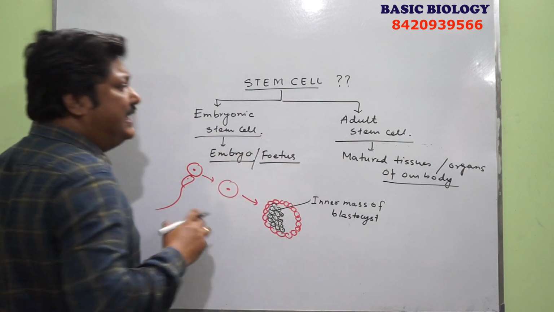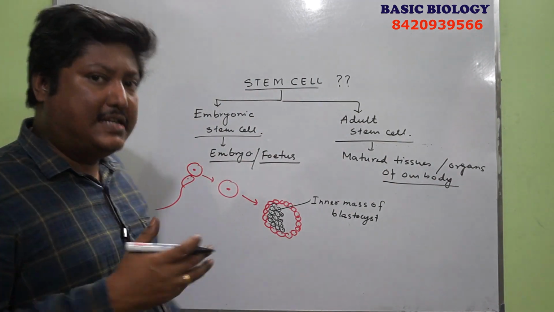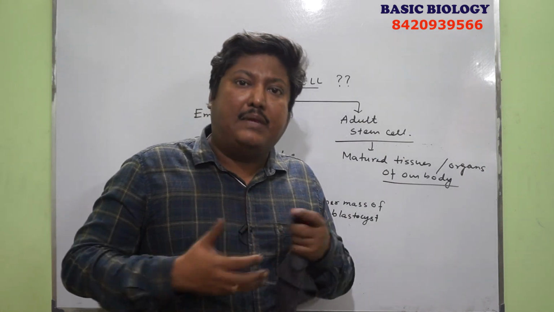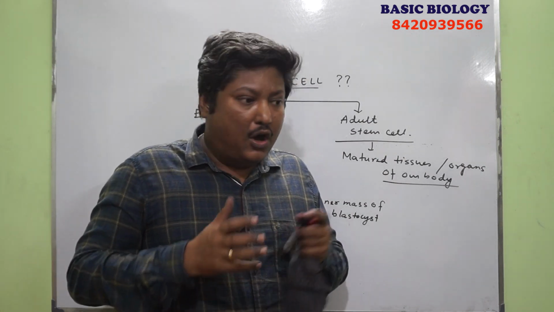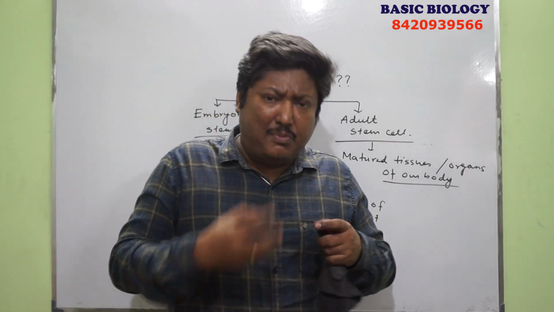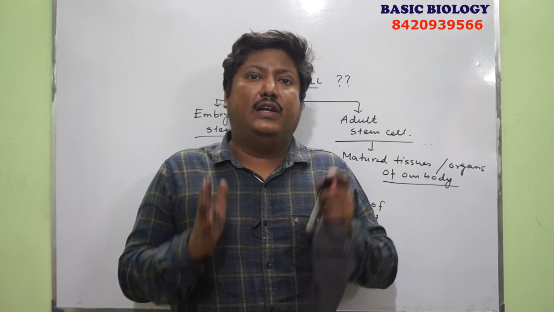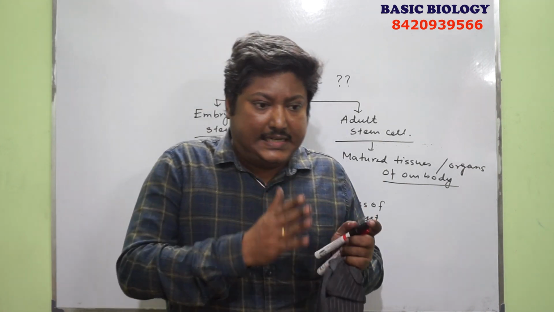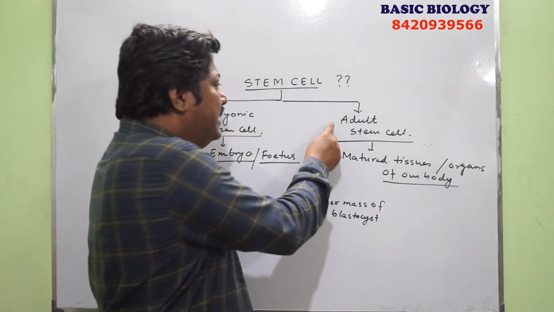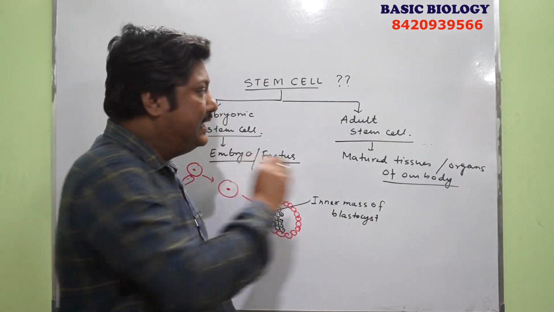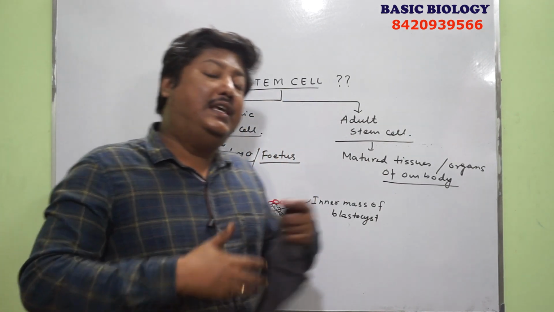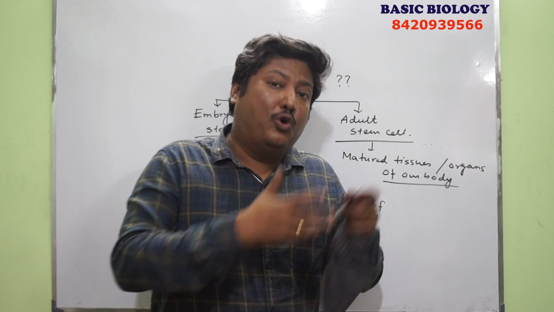And these adult stem cells are mainly responsible for repairing as well as replacing the damaged tissues in our body. Say for example the blood cells, or there are so many cells in our body that have a limited lifespan, and after the death of these cells, renewal of those cells is possible due to these adult stem cells. That means the adult stem cells are basically responsible for repairing and replacing those dead or damaged cells.